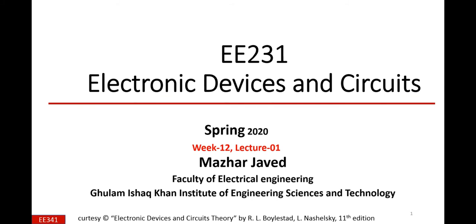The next major devices, which is the second portion of the course, are the bipolar junction transistors. This concept starts from the construction of a transistor, and then transistor operations.